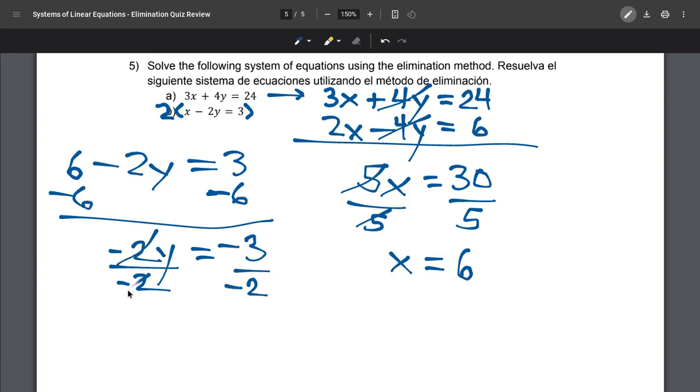And negative 2's cancel out here, and we get y equals negative divided by a negative is a positive, so positive 1.5. So my solution here is 6, 1.5.